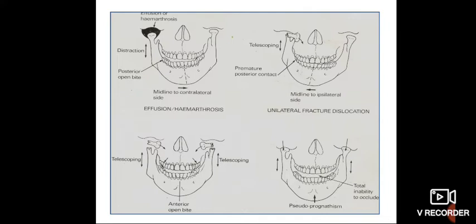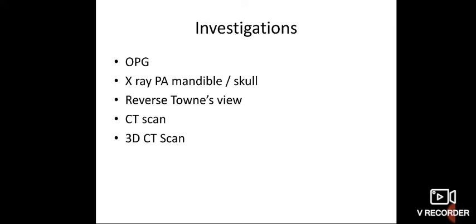What are the investigations which are commonly employed? OPG by far is the best possible radiological investigation for condyle fracture. You can see everything in the condyle. The only thing, whether it is medially displaced or laterally displaced, the condylar stump, we cannot see on OPG, so we require a third dimension.